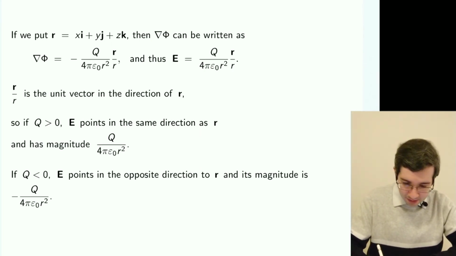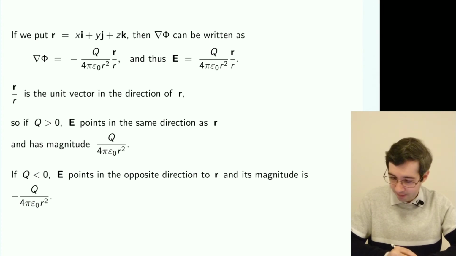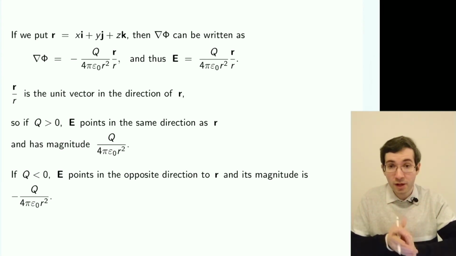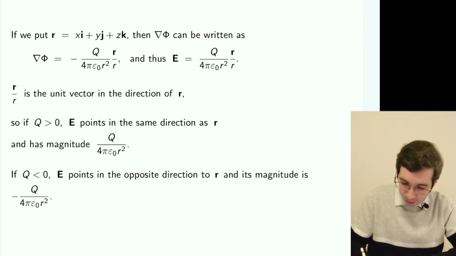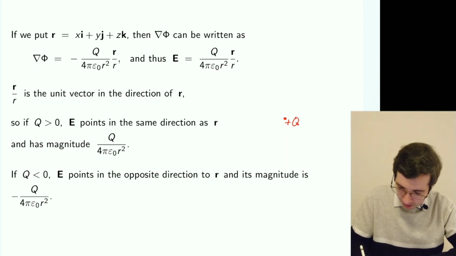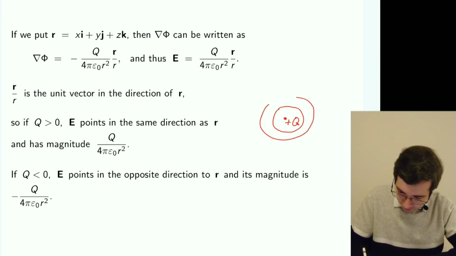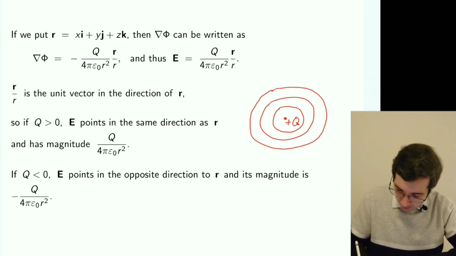So what you actually can see here is, if you again try to visualize what is happening, you can plot a case 1 where you have your charge in the middle, a positive charge, and then you have a set of lines of constant potential around that charge, and the direction r is the direction of your field.